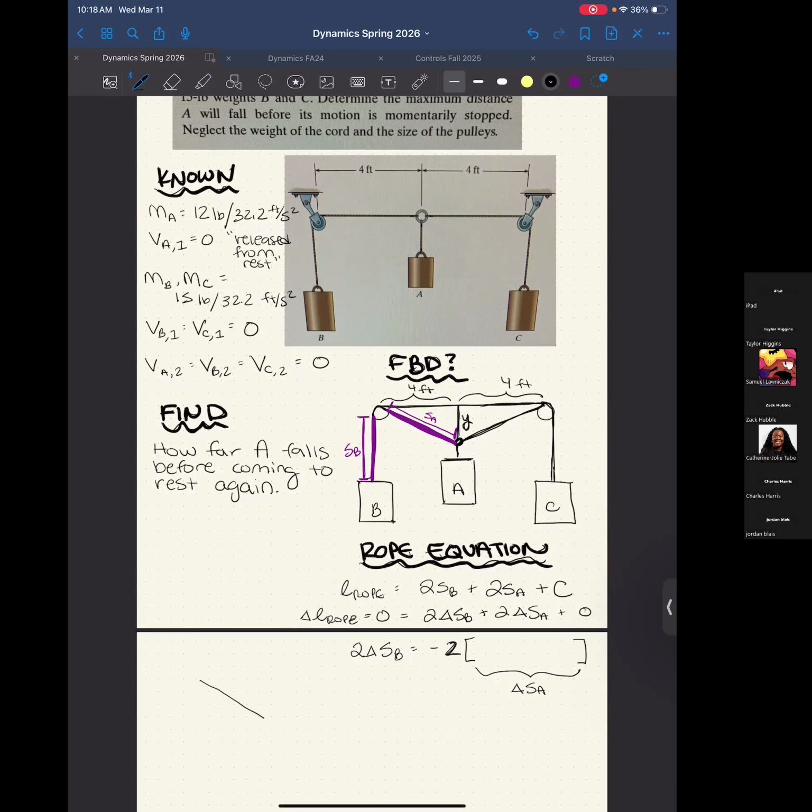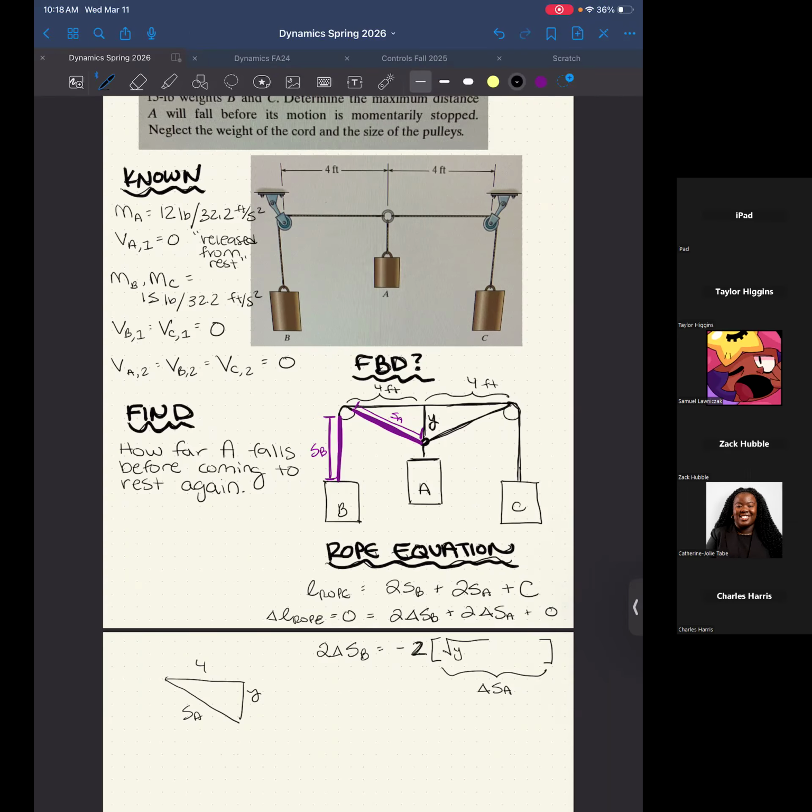So I see a triangle. Delta S_A is going to be the final length of S_A minus the original length of S_A. The final length of S_A should be the square root of y squared plus 4 squared by the Pythagorean theorem. The initial length of S_A was that 4 feet.